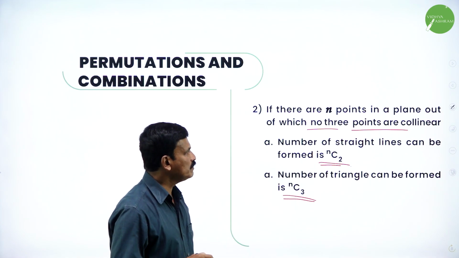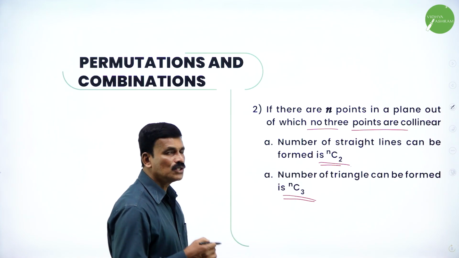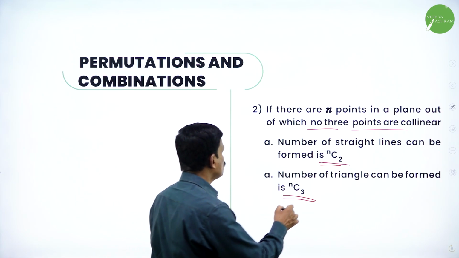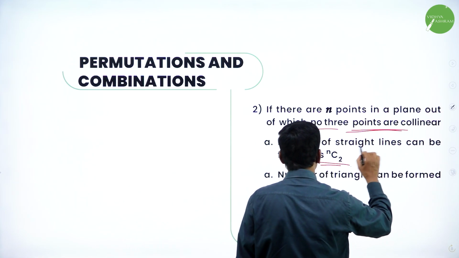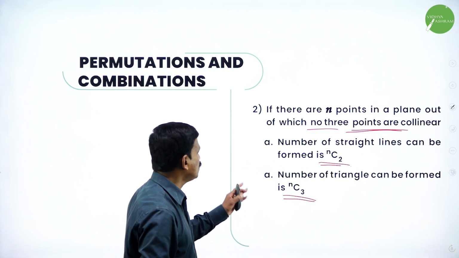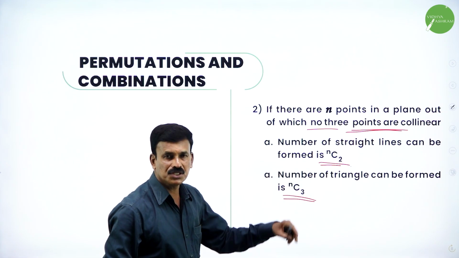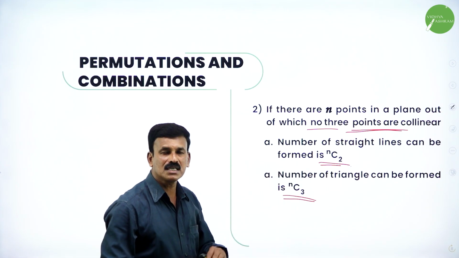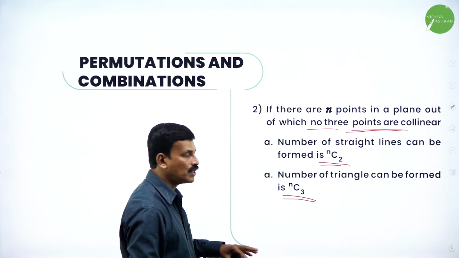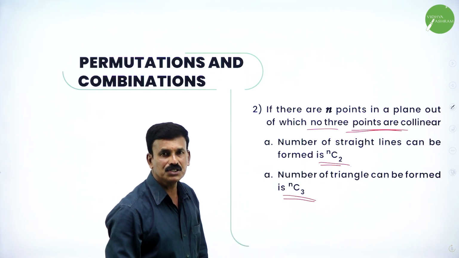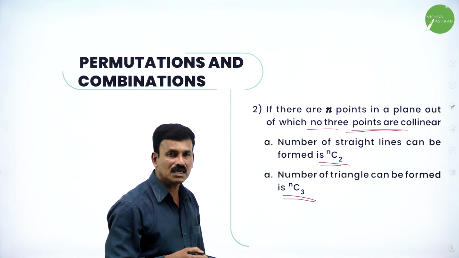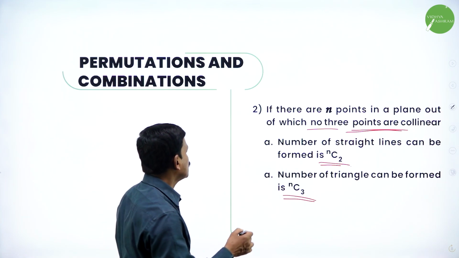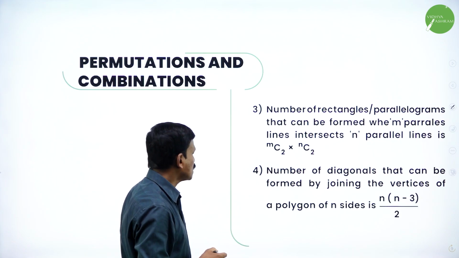So, if no points are collinear, the number of straight lines that can be drawn from n points is NC2, and similarly the number of triangles that can be formed from n points is NC3. Now move on to the next condition.